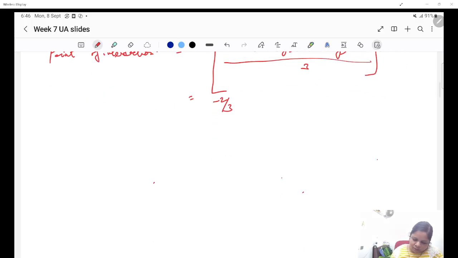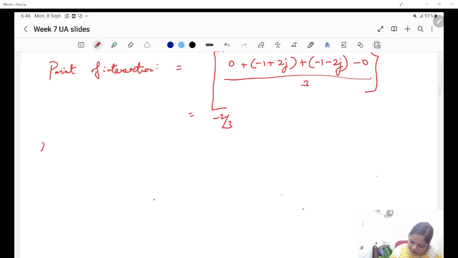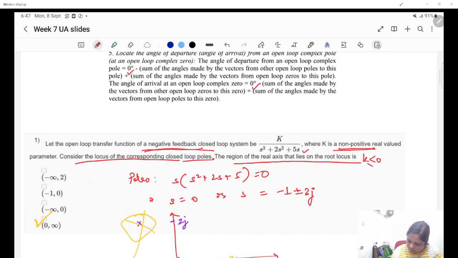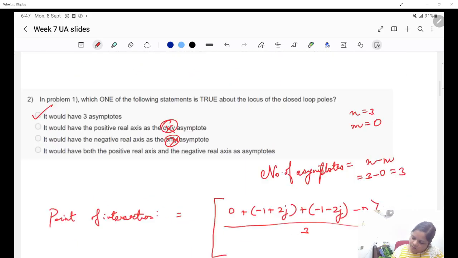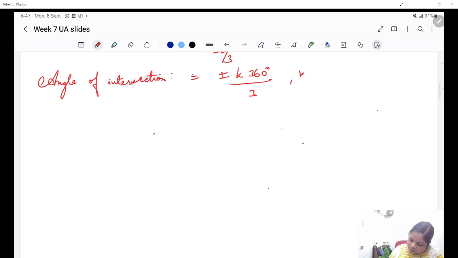Now let's check what is the angle of intersection. It is given by plus minus k into 360 degrees by 3, and k varies from 0, 1, 2 and so on.